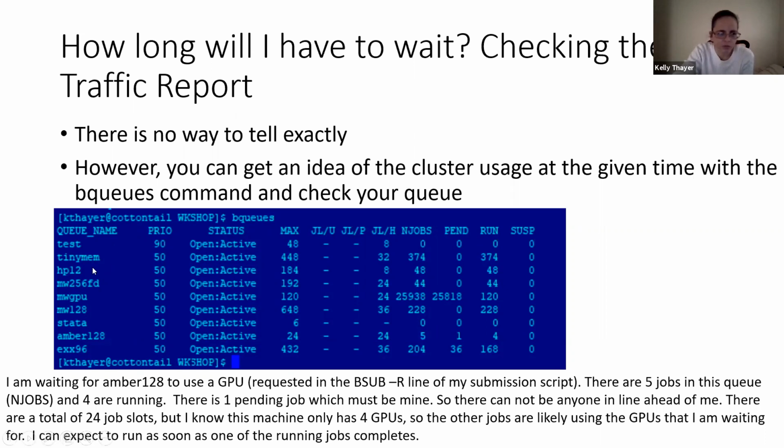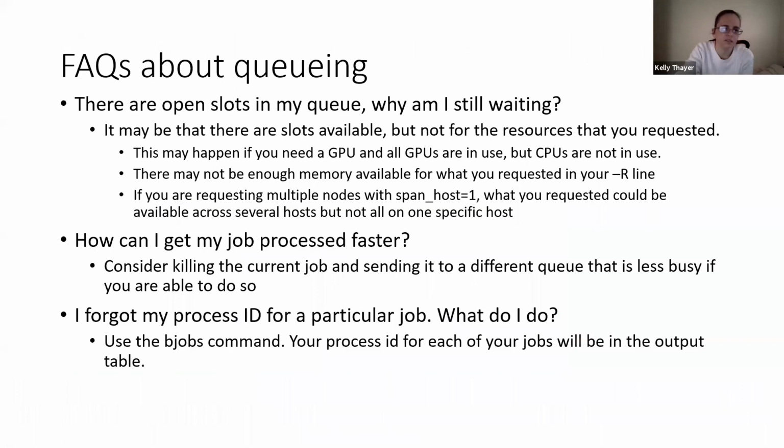And I look and say, oh, but look, HP12 has no pending jobs and 184 slots, and I don't really need that much resource. Maybe I could just run it in HP12, right? That's something you could start considering. So be cognizant of the kinds of jobs you're running and aware of what alternate queues you could use, because then you can use this to your advantage to put your jobs in other places.